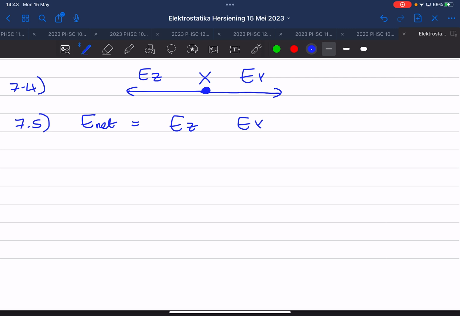Ja, ek dink dis is 'n fout op die vraestel. Ja, maak is oké.